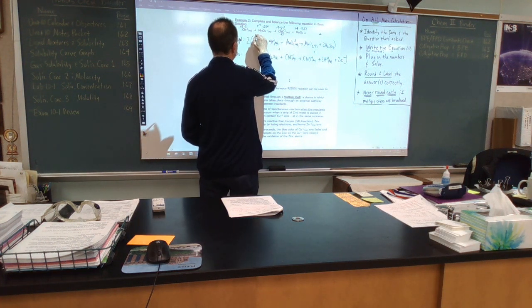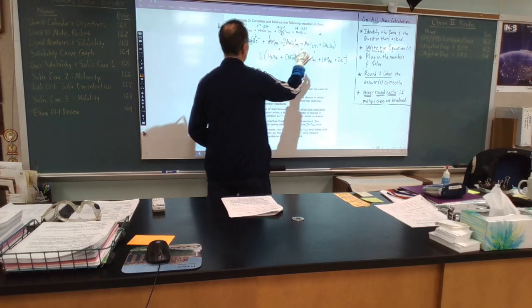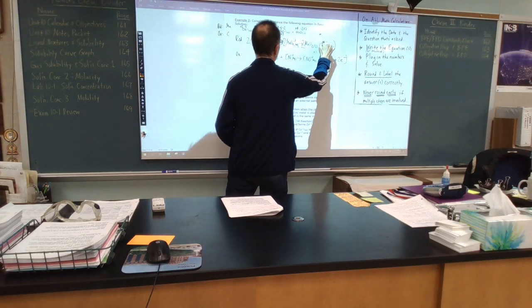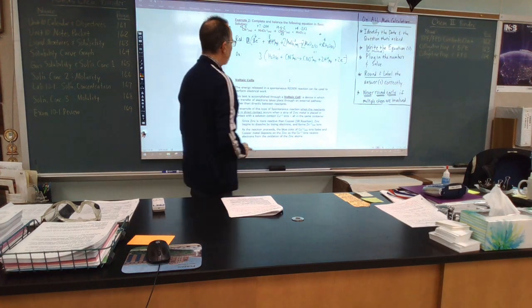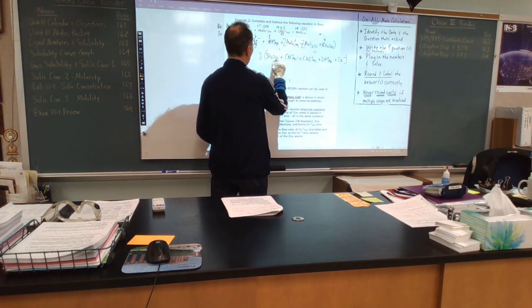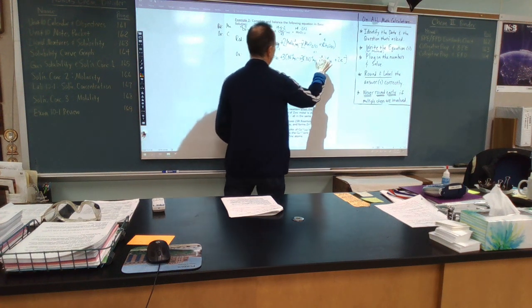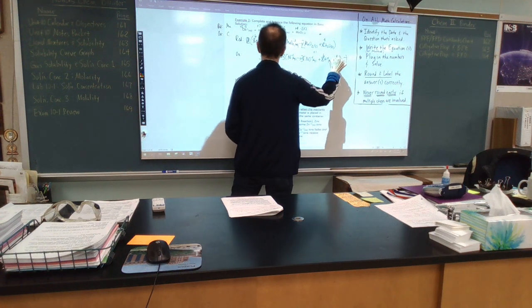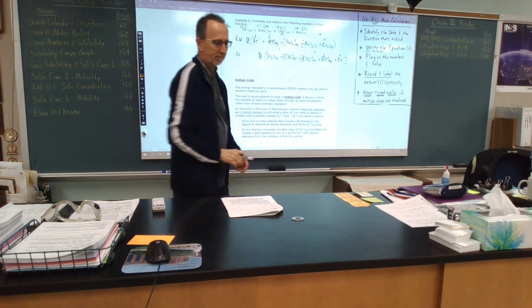That becomes 6, that becomes 8, 2, 2, 4. And that takes care of that. Bottom one, 3 waters, 3 cyanides, 3 cyanates, 6 hydrogen, 6 electrons, and that takes care of that.